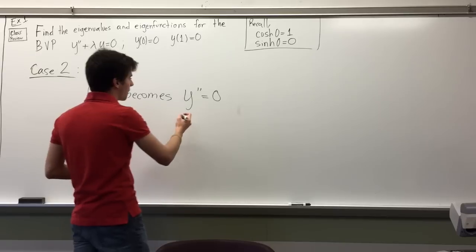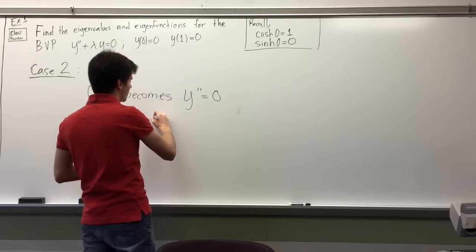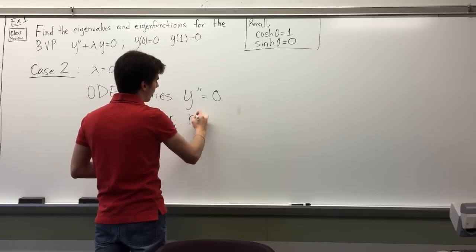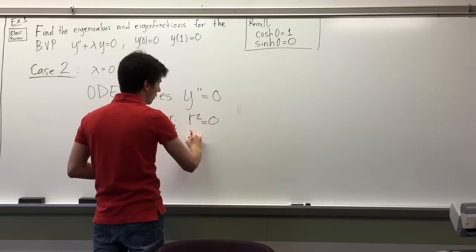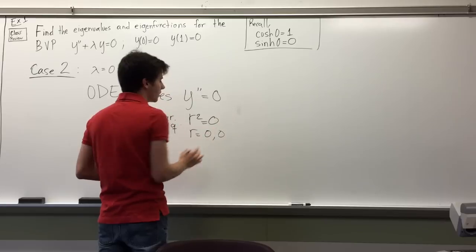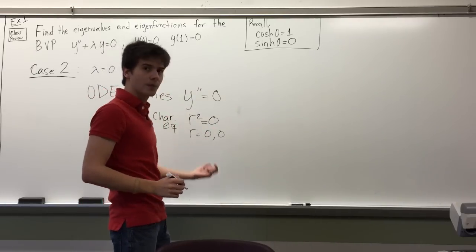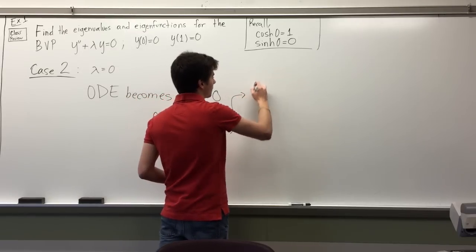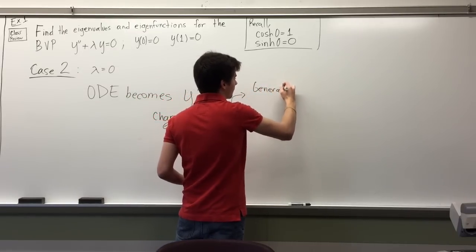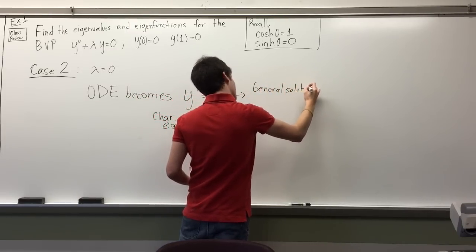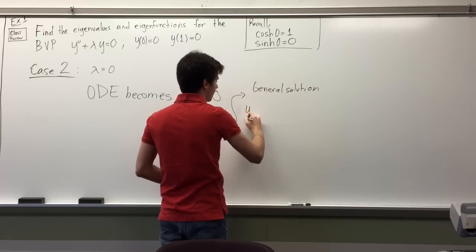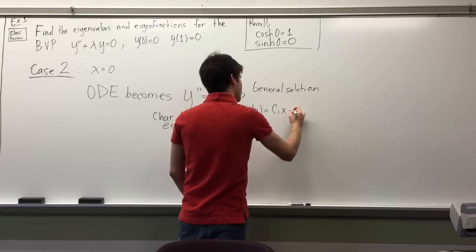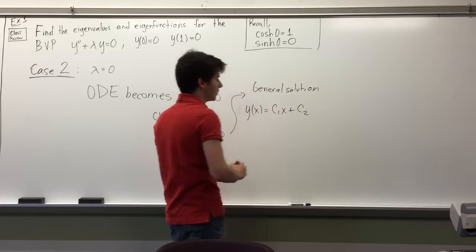Well, if we write down our characteristic equation, we get r squared is equal to 0, so r is equal to 0 and 0. So we have two repeated roots. Our general solution is going to be y of x is equal to c1x plus c2.